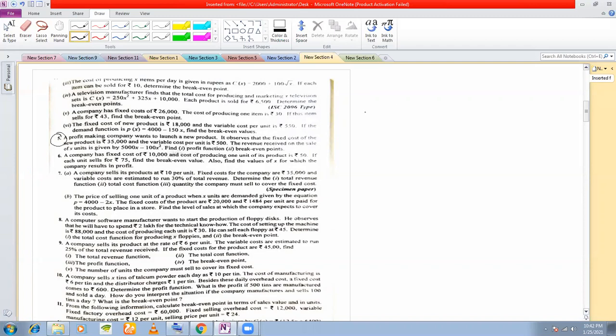So given here is fixed cost 35,000. Let us not write the currency. Variable cost per unit is rupees 500.